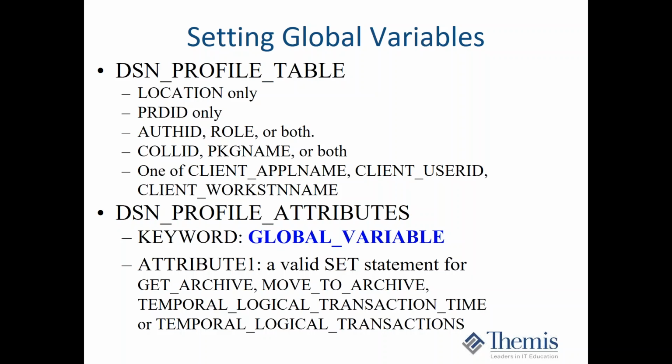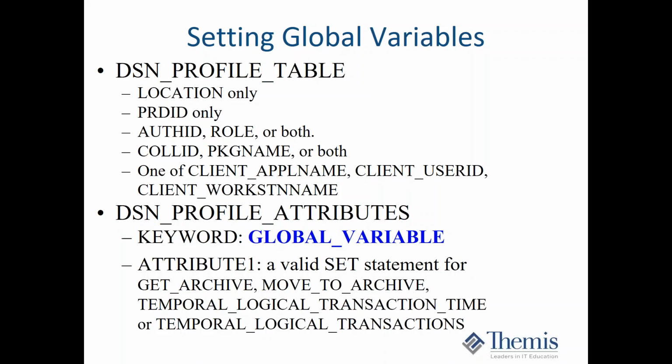I can create a profile attribute, global variable, and I can set the move to archive equal to E for enabled. Then it still allows them to insert, update, or delete. Deletes will be moved.